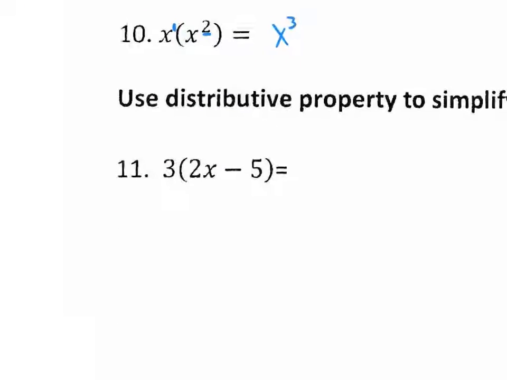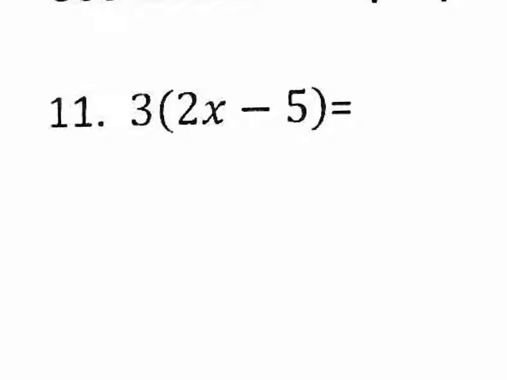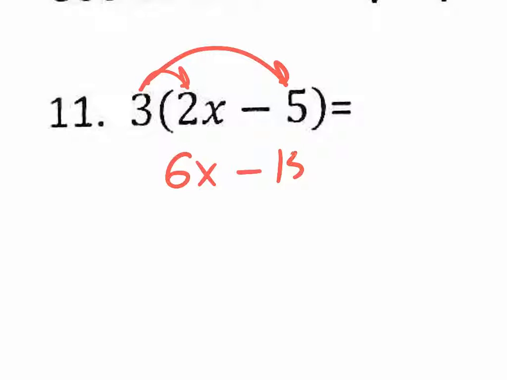Now again, in today's section, we are going to be distributing. Okay, now we should all know how to distribute. What's the answer to number 11? 6x minus 15. That's easy, right? The only difference between that question and what we're doing today is that you're going to have something like 3x times 2x minus 5.